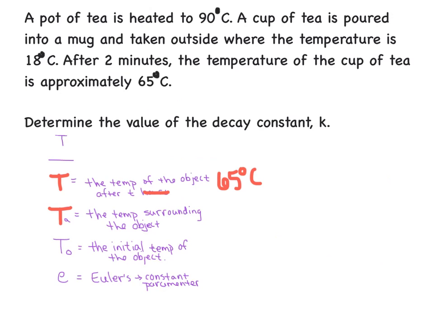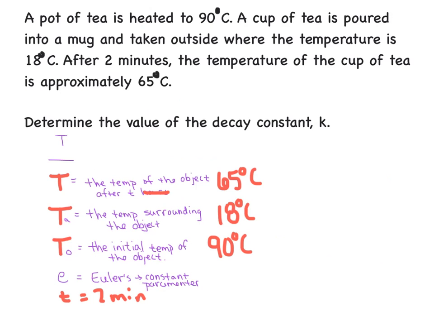What was our ambient temperature, the temperature surrounding the object? That would be our outside temperature of 18 degrees Celsius. The initial temperature of the object was the 90 degrees. Euler's number e is a constant. k is what we're solving for. And the last one is little t, and that would be 2 minutes after we remeasured the temperature.